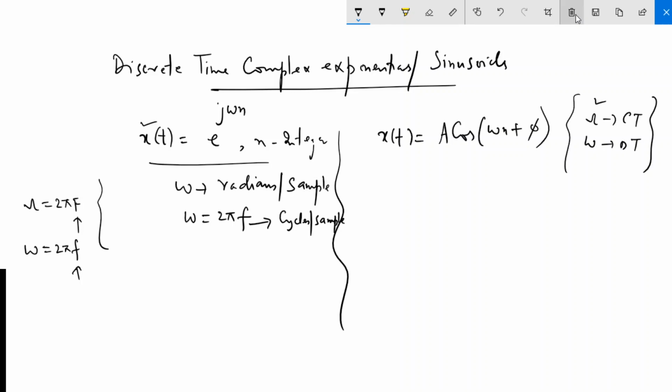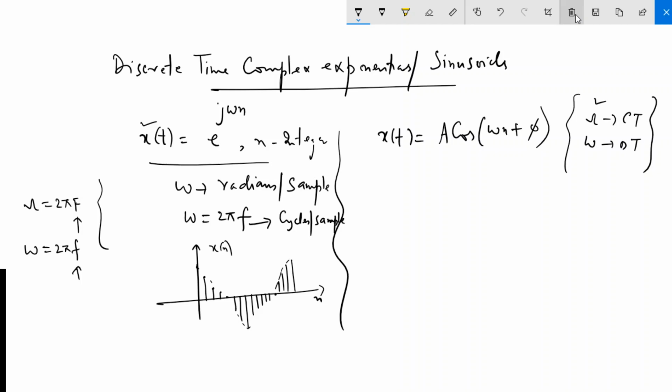What do we mean by number of cycles per sample? Suppose I take a periodic discrete signal like this. This is a discrete time sinusoidal signal, a cos waveform plotted in the discrete domain.